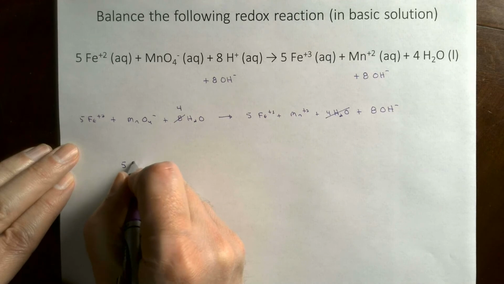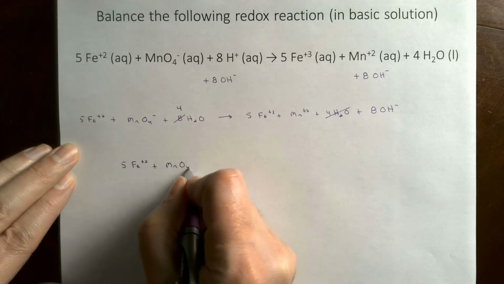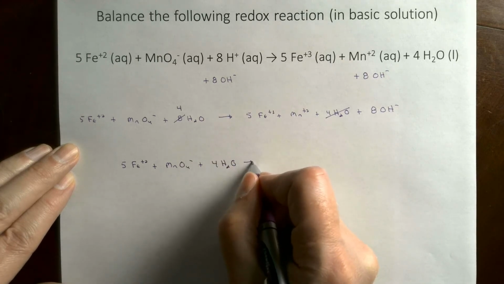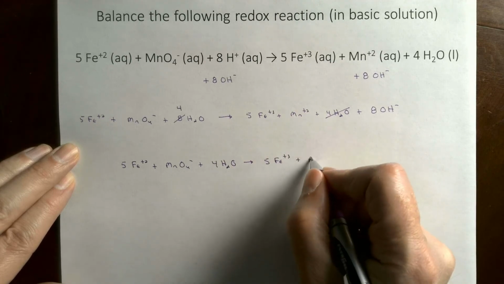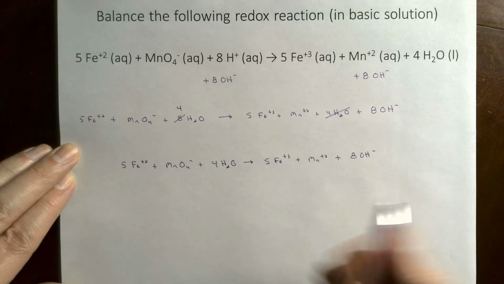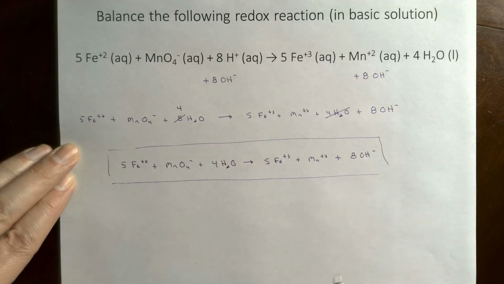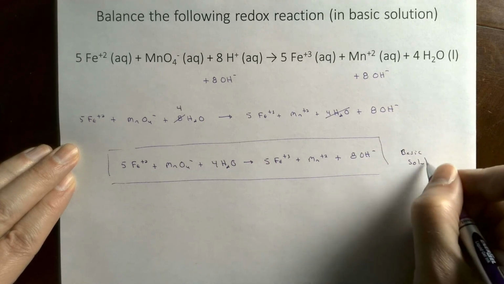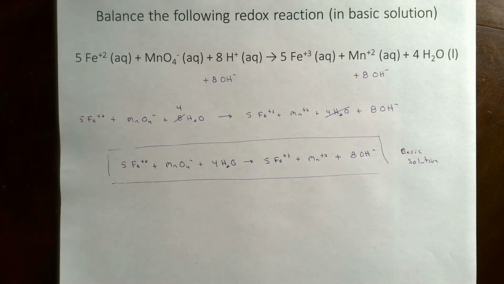So 5 Fe2+ plus permanganate ion plus 4 water molecules to produce 5 Fe3+ plus Mn2+ plus 8 hydroxide ions. Now we are done. Now, basic solution. Why basic? Because we have the 8 hydroxide ions there.